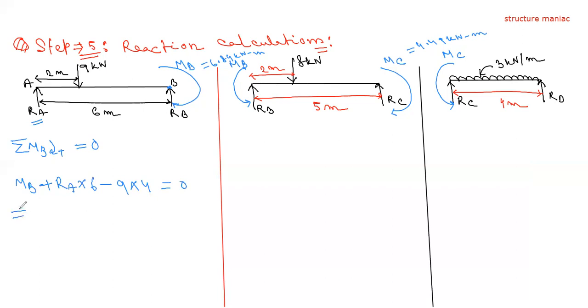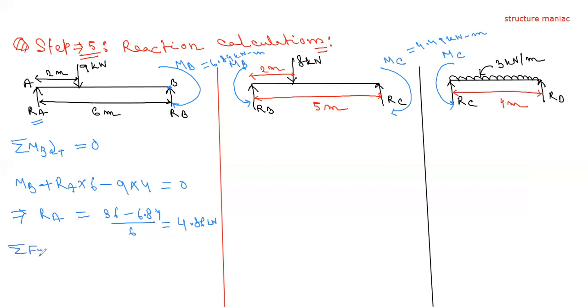So from here RA will be equal to (36 minus 6.84) divided by 6, which comes as 4.86 kilonewton.